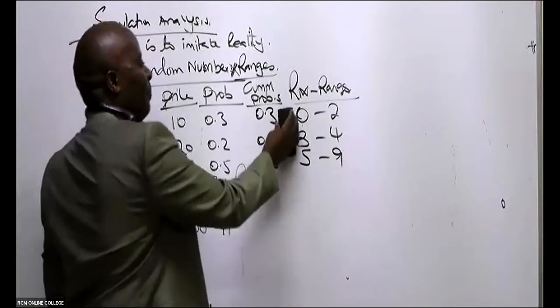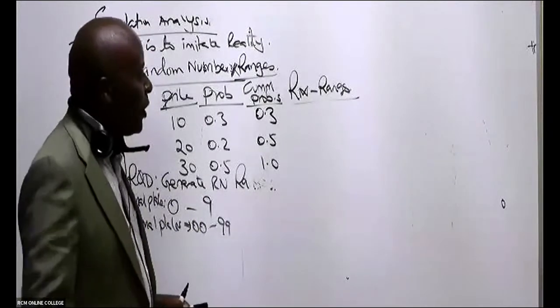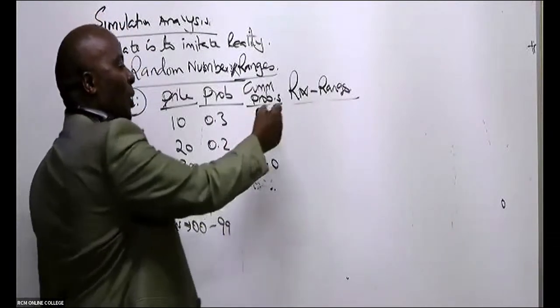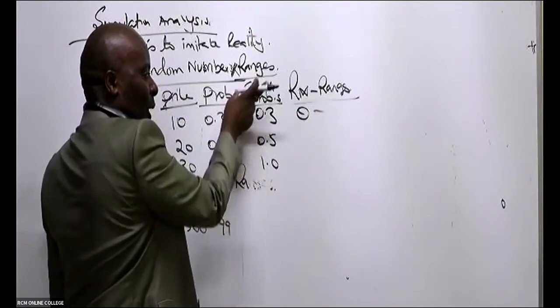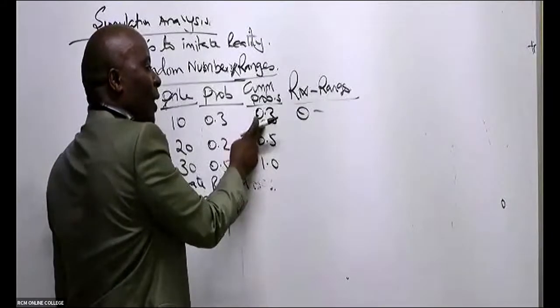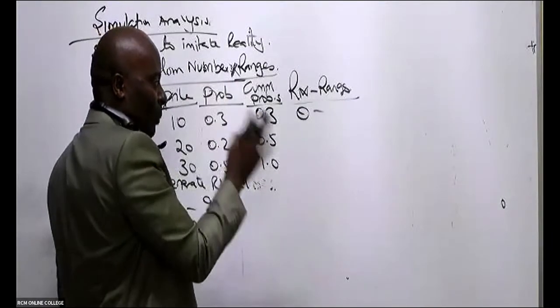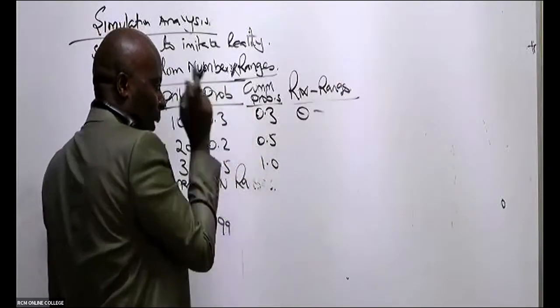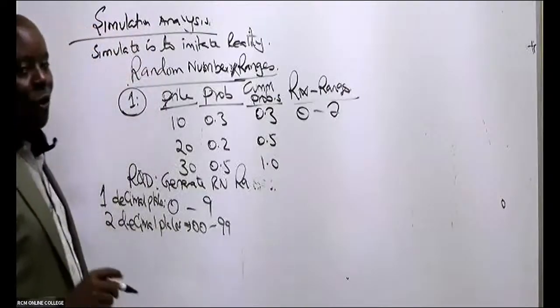Let me repeat this. How do we get these random number ranges? To get these random number ranges, ladies and gentlemen, you have to begin from 0. Then the upper limit: you read this from the cumulative probabilities as if it's a whole number. It's 3. And to get that upper limit, we shall always take this number minus 1. So 3 minus 1 gives me 2. Then we go to the next class.